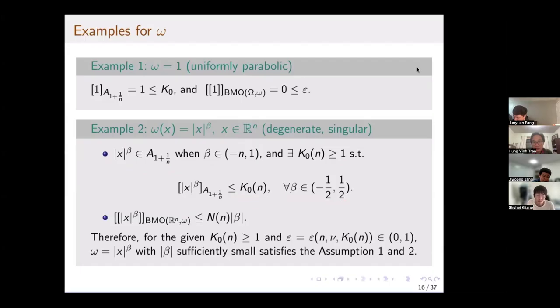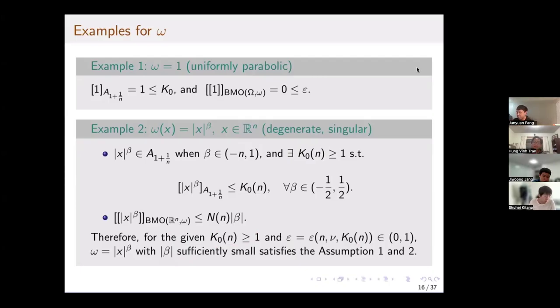On the other hand, by careful calculation, the weighted bounded mean oscillation of this function is less than some constant times the power. If the power goes to 0, this weighted bounded mean oscillation will go to 0. Therefore, for the given k naught, and epsilon depending on k naught, we let the absolute value of beta be small, and then at the same time we satisfy assumption 1 and assumption 2.